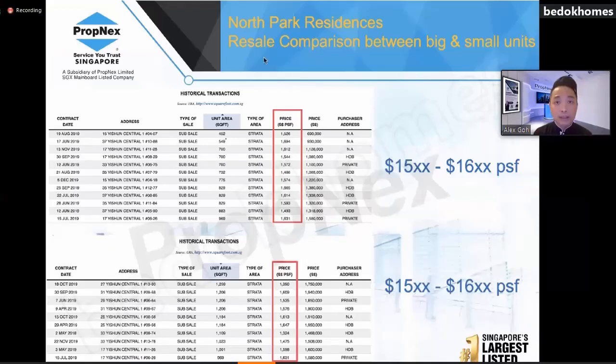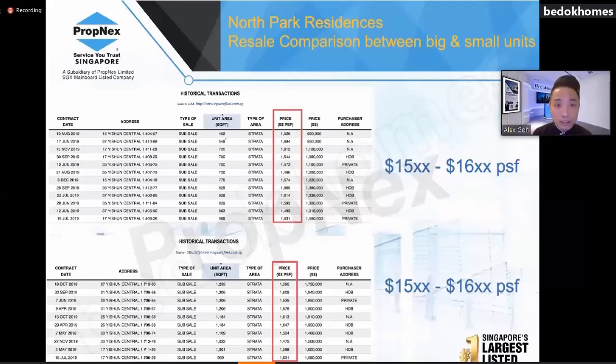So North Park Residences resale comparison, big and small unit. Why do I take this? Because I saw there's a very close range. By right, most of the smaller units will sell at a higher PSF. This is my understanding, and I think this is also your understanding.